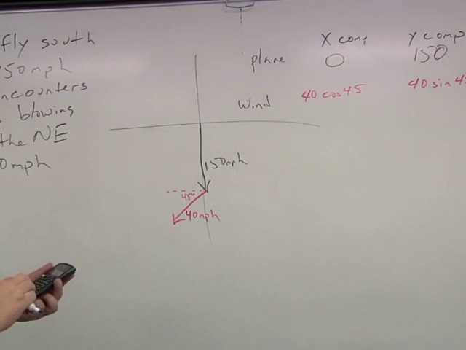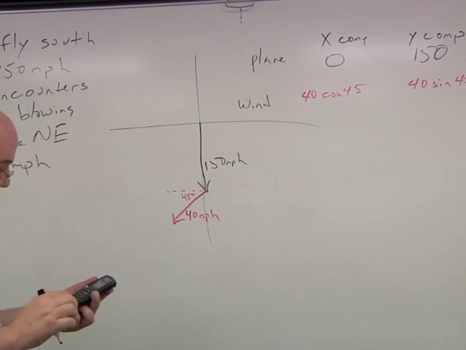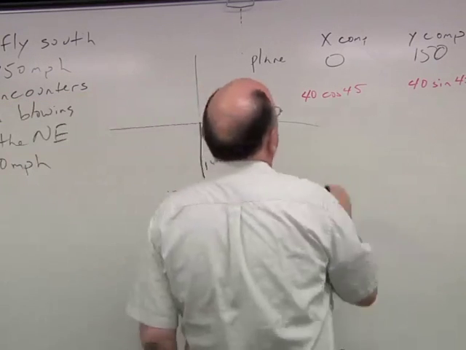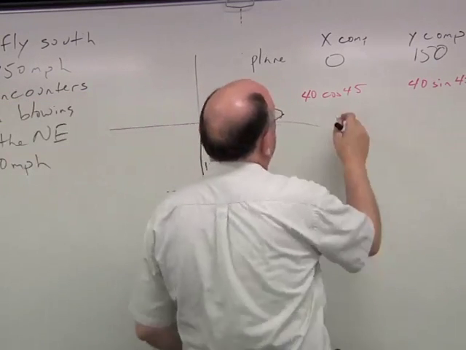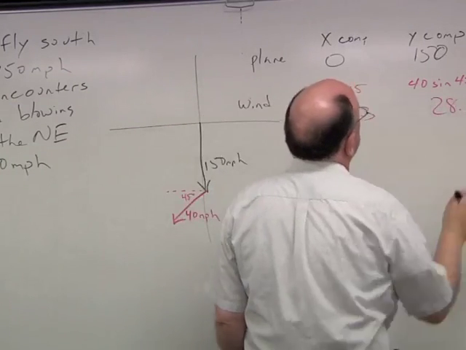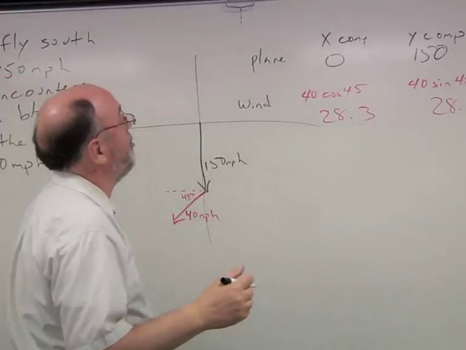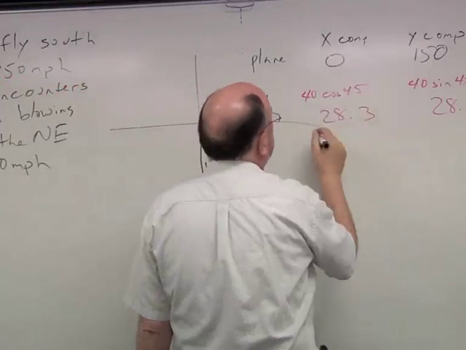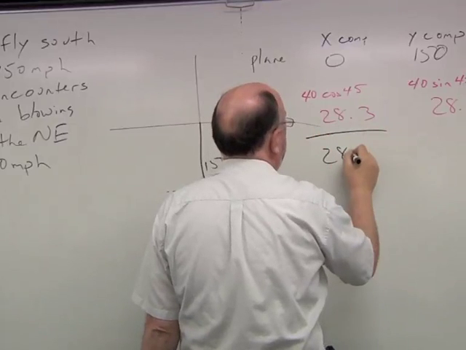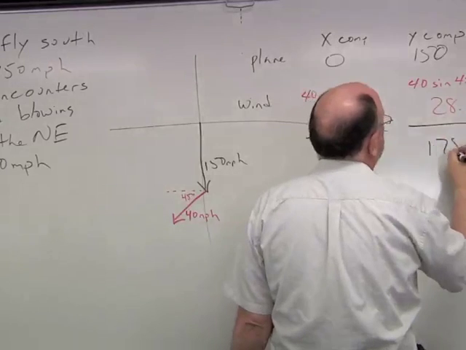Given that it is a 45-degree angle, both of these values will come out the same: 28.3 and 28.3. So in terms of my totals, x total is going to be 0 plus 28.3, so 28.3. My y total is going to be 178.3.